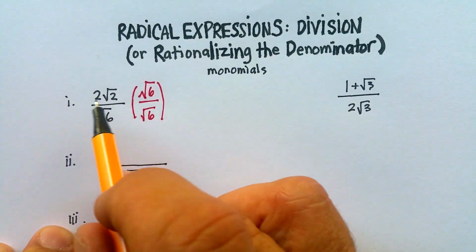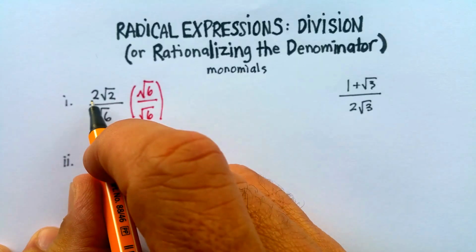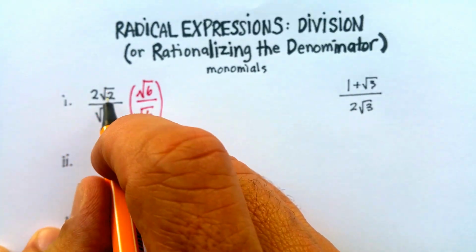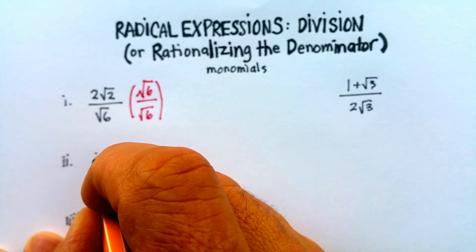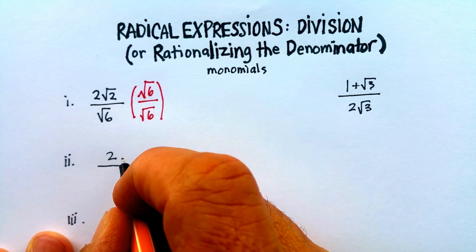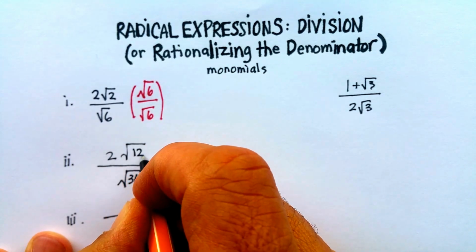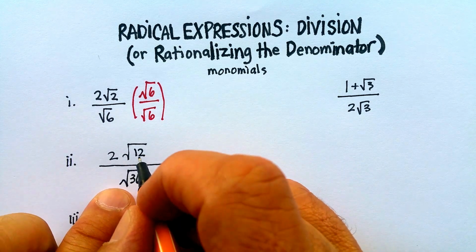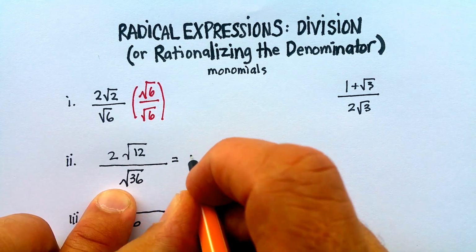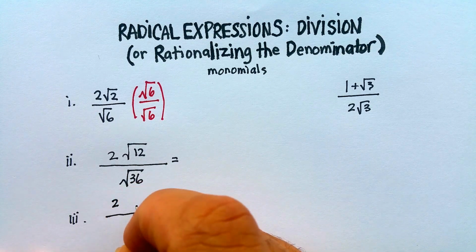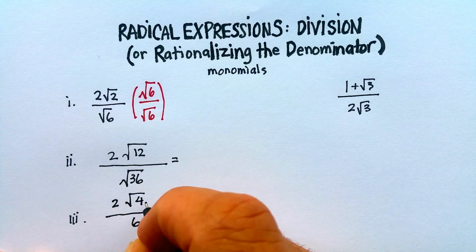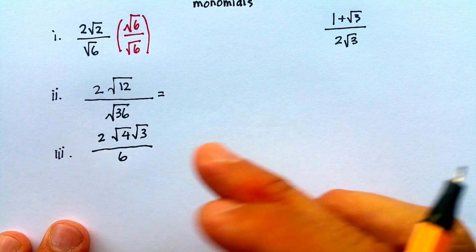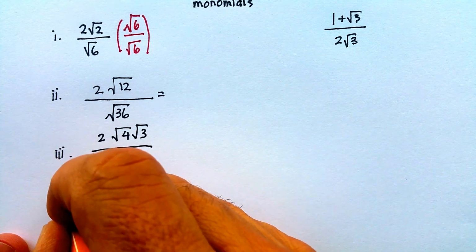Now, some of the work that needs to be done is in the numerator, right? So I've got 2 radical 6, right? Have to multiply the like terms. So I'm going to get 2 radical 12. Okay, because you can multiply the radicands. Radical 12 I know has a perfect square in it, so I'm going to say 2 times radical 4 times radical 3. Now I know that radical 4 is a perfect square, so that's why I chose it.